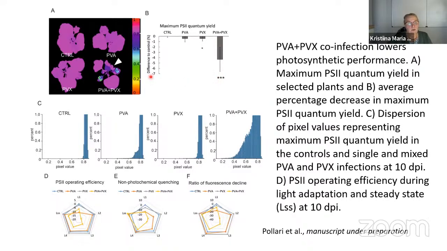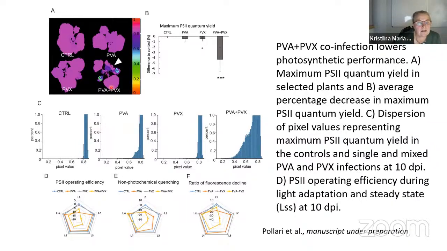But now we face the problem in this phenotyping that some of the leaves in this mixed infection remain quite healthy because the virus does not enter into these leaves. It normally goes from the site of infection to the upper growing leaves mostly.